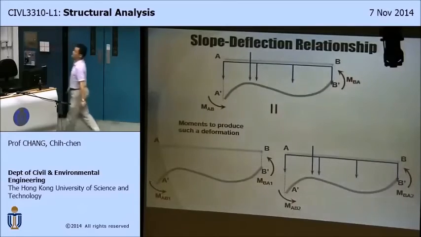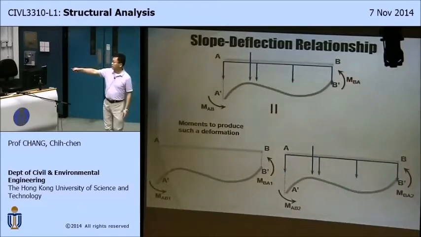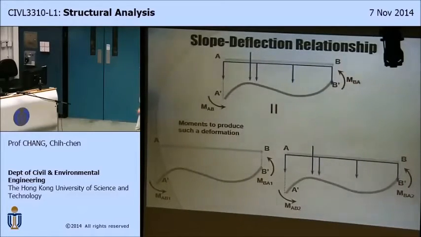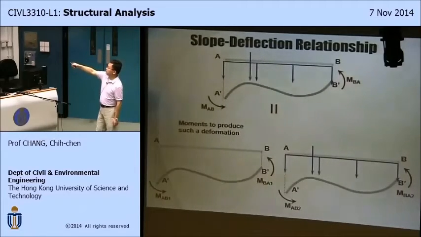And the second thing is, without further deforming the segment, I apply the external force. And there will be forces at the cross sections to resist such an external force. All right, so the claim is this.